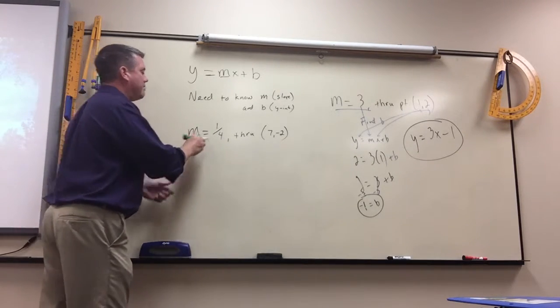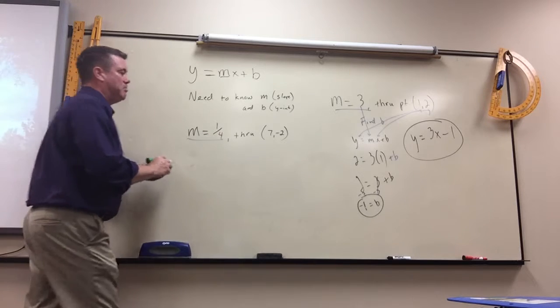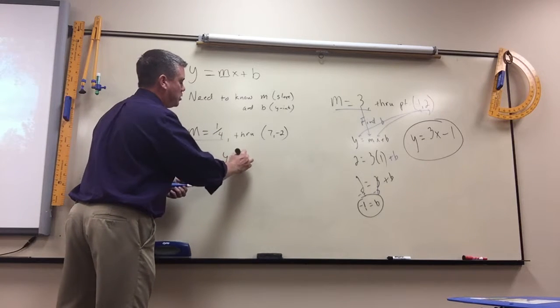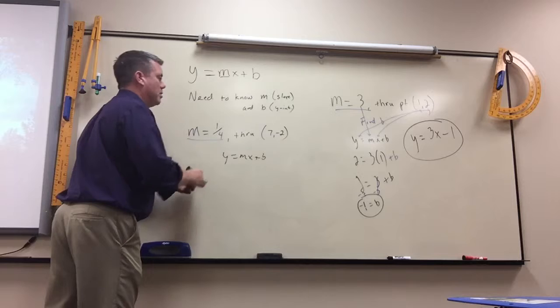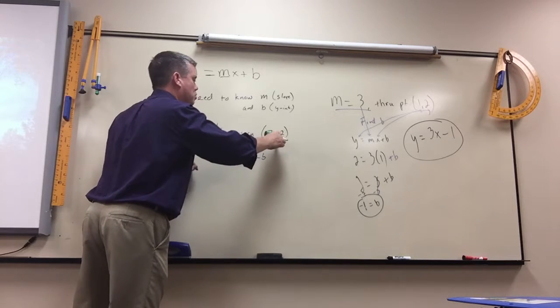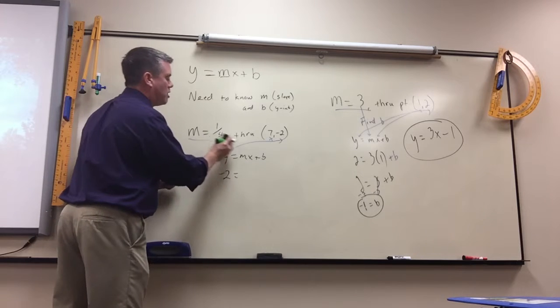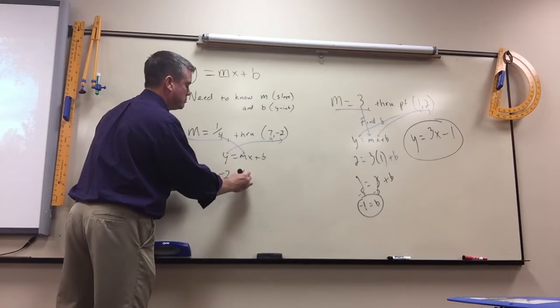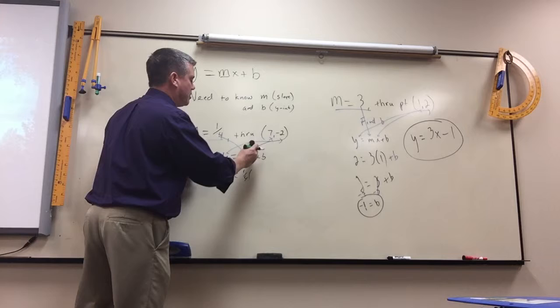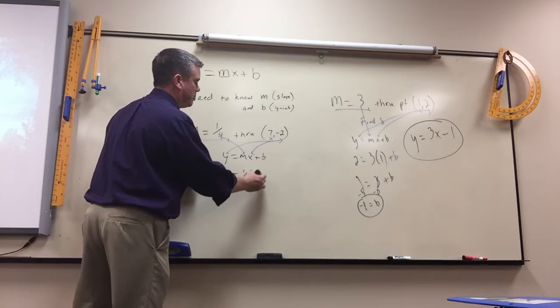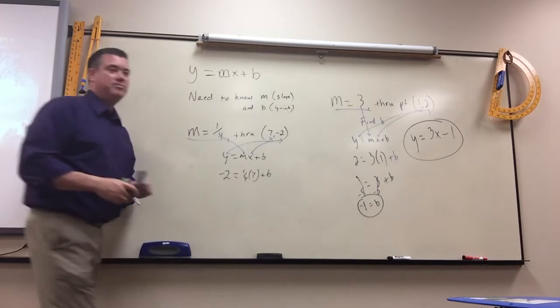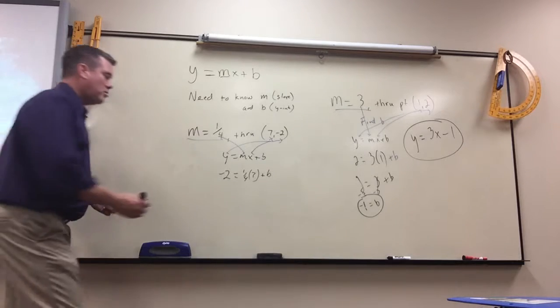In order, we have the m, so we got to find the b. So y equals mx plus b. This is x, that's y, so we put -2 in for y. 1/4 in for m. 7 in for x. Plus b, and then you gotta solve it.